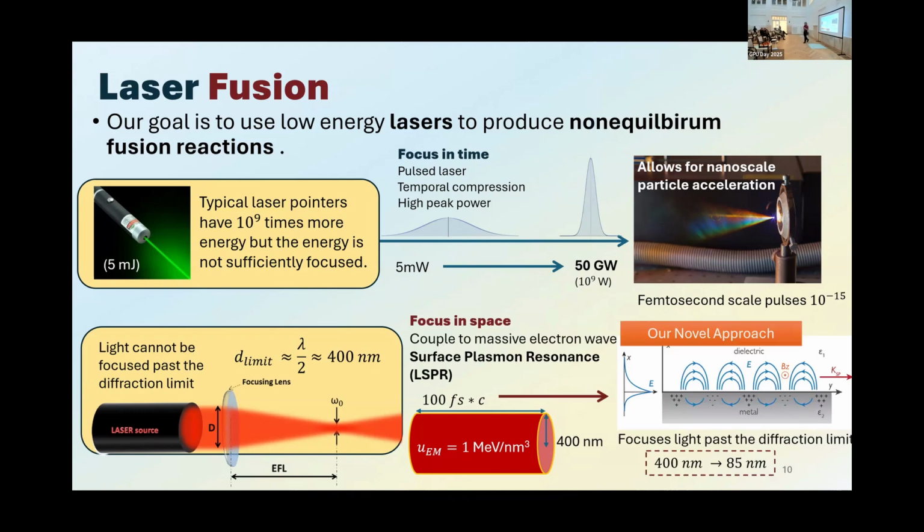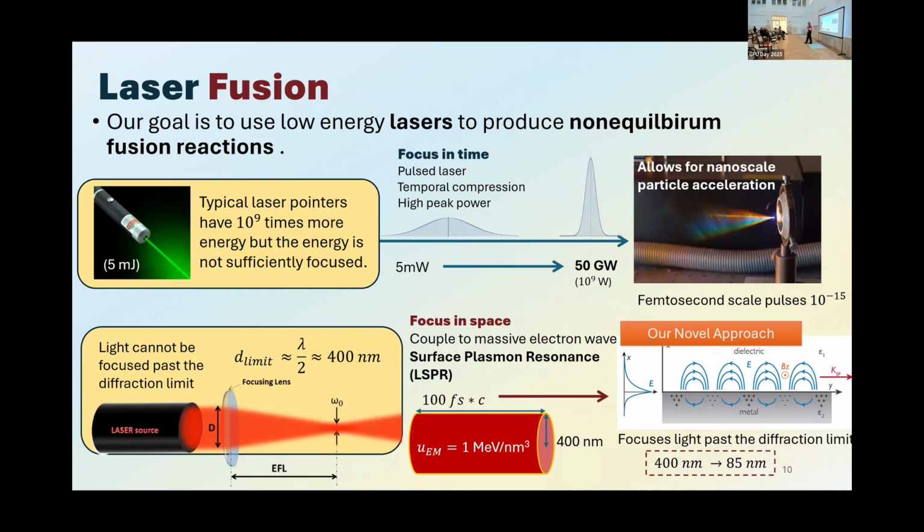So the novel method used by the NapLife group is to further focus this laser in space, past the diffraction limit. The way we do that is we couple the laser to a massive electron wave on the surface of a metal.